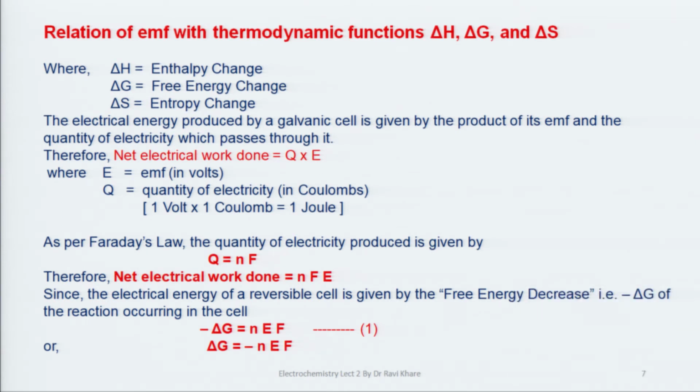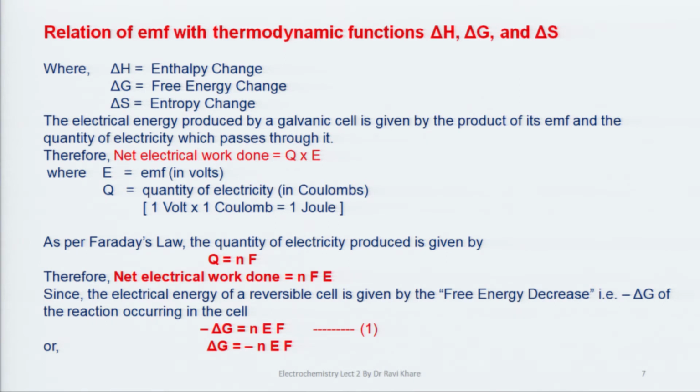Now, the relation of EMF with thermodynamic functions. Here we will discuss only delta H, delta G and delta S. Delta H is enthalpy change, delta G is free energy change, while delta S is entropy change. We have to discuss these thermodynamic functions with EMF.